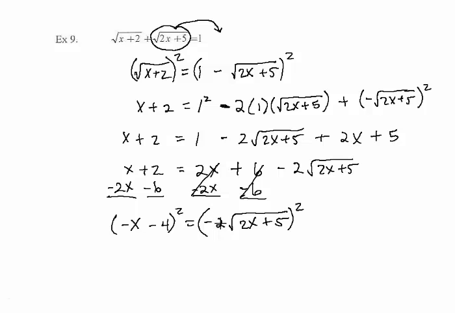This negative 2 isn't going to cause us any problems. We'll just have to square the negative 2 on the right to get a 4. And then when we square the radical part, we simply get a 2x plus 5 that multiplies the 4. Over here on the left, we end up with an x squared. Then we're going to get a plus 8x and a plus 16.